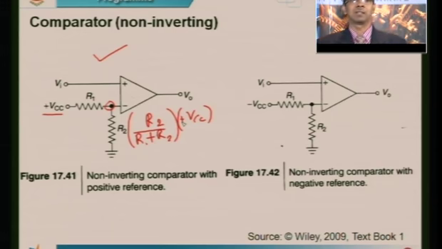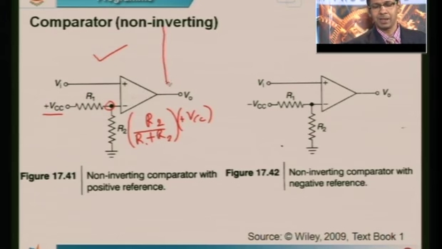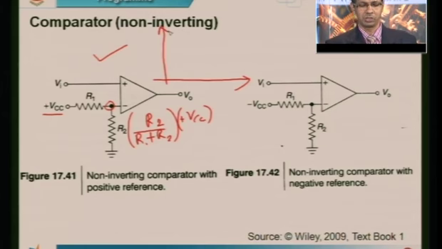So how do you expect the circuit to behave now? If you look at the waveforms here, this is a graph that we are trying to plot. This would be your output voltage with respect to time.